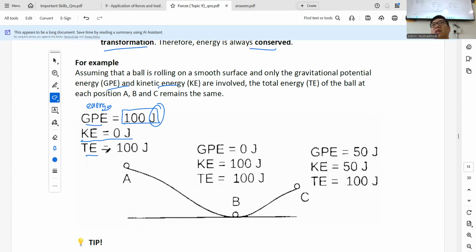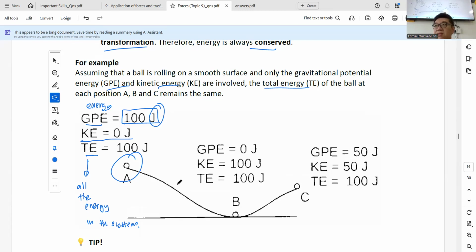What's the total? 100. Total refers to all the energy in the system. The system in this case refers to the ball lah. How much the ball has.